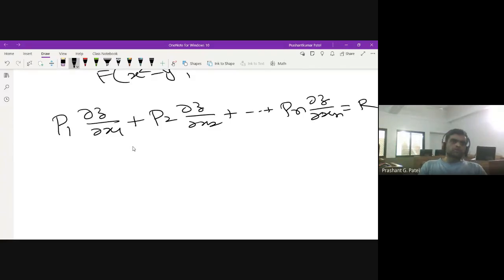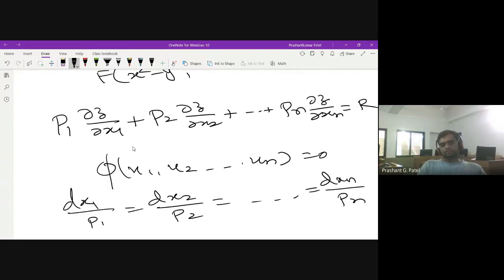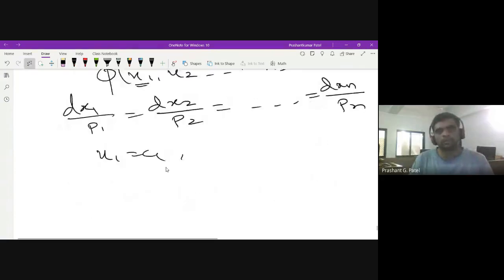Then the solution of this one you may write as phi of u1, u2, up to un equal to 0, where u1, u2, up to un are the solution of this auxiliary equation, that is dx1 upon p1, dx2 upon p2, and so on up to dxn upon pn. So this is a system of ordinary differential equations, where the solution of this system is u1 is constant, u2 is constant, up to un is constant.